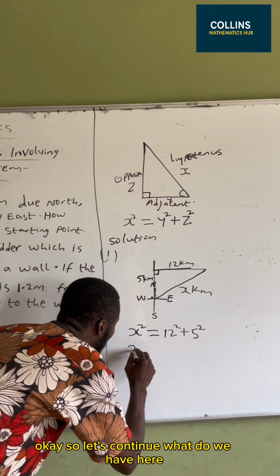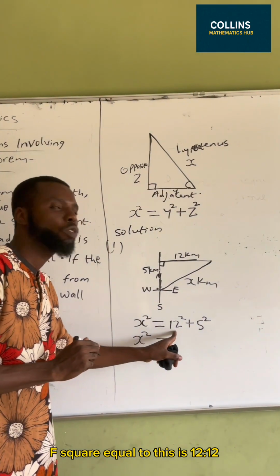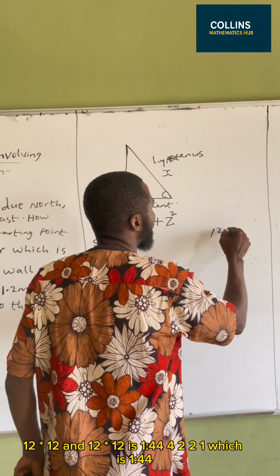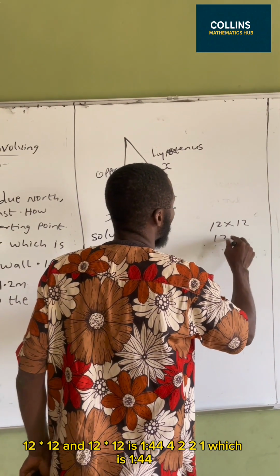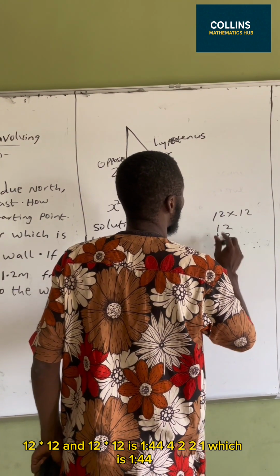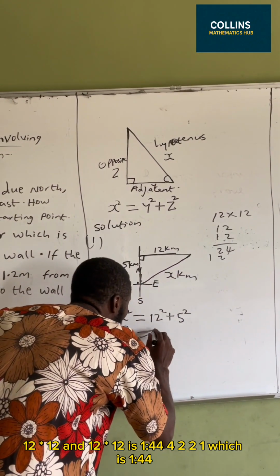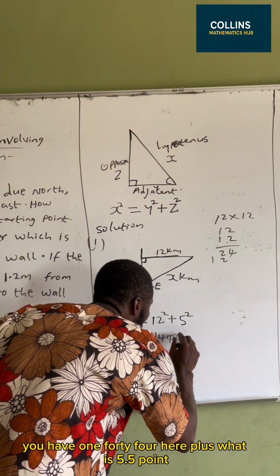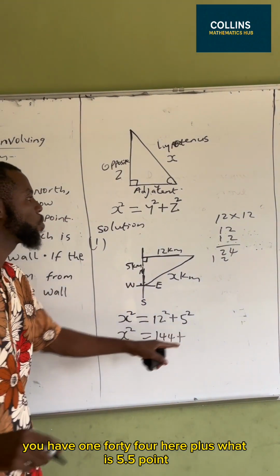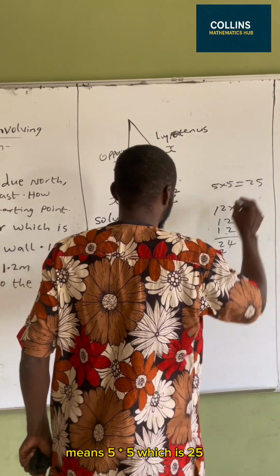S squared equals 12 squared. 12 squared means 12 times 12, and 12 times 12 is 144. You have 144 here, plus 5 squared. 5 squared means 5 times 5, which is 25.